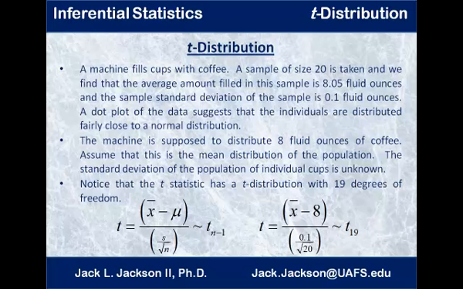It's going to have a t distribution with 19 degrees of freedom. Remember, 19 is sample size minus 1, 20 minus 1. So if this really did have a mean of 8 fluid ounces, this would be sort of a standardized version of our distribution of sample means.